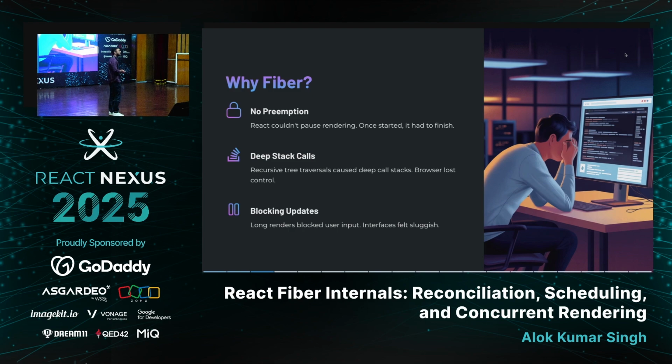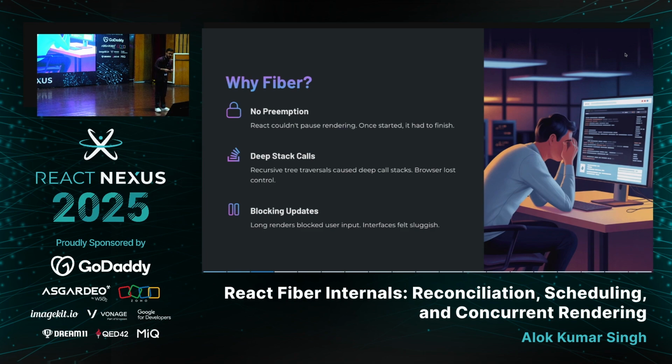It traverses your entire component tree whenever you make any changes to your state and props, and it uses deep DFS to compare your old virtual DOM with the new one, and it applies all your DOM changes in one go. Hence, it will pause the browser from doing other stuff. So, do you see the problem here?